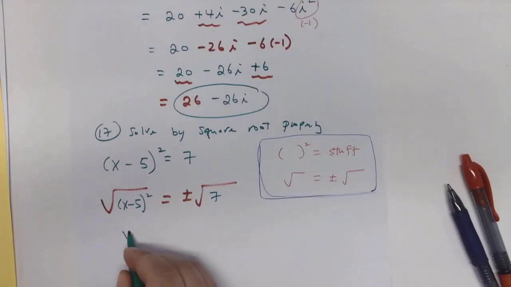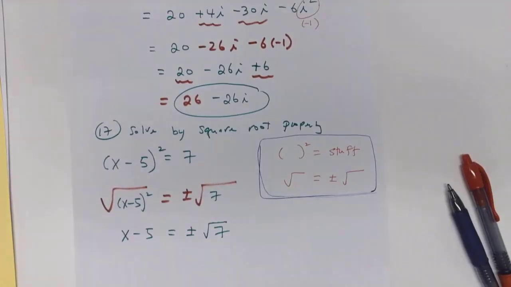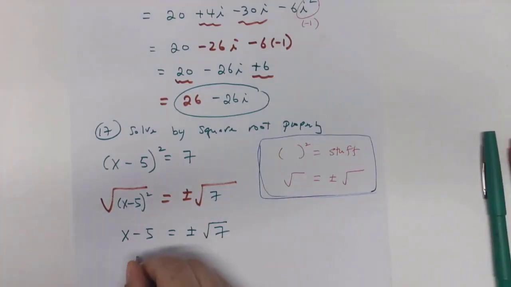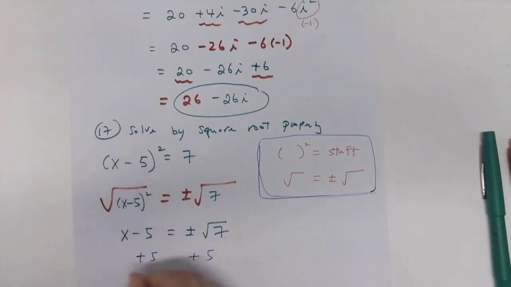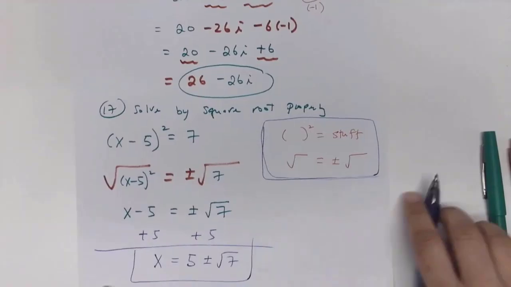Cancel, so we just have x minus 5 equal to plus minus square root of 7. Add 5 to both sides. So x will equal to... okay, very good. Just one more.